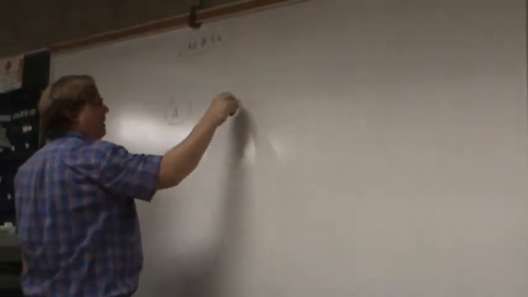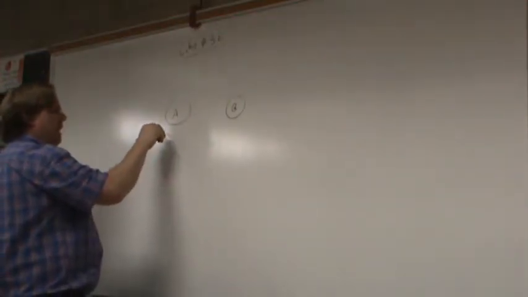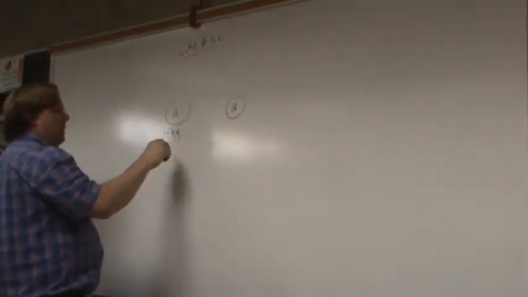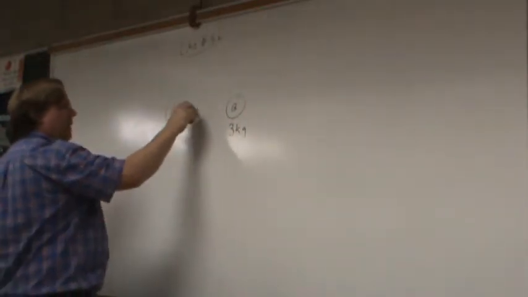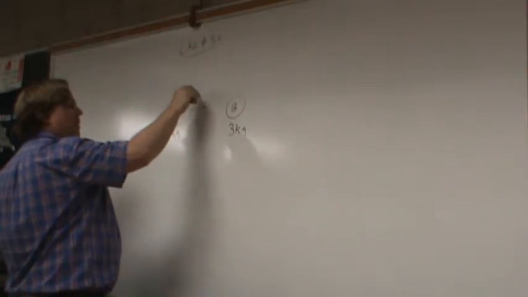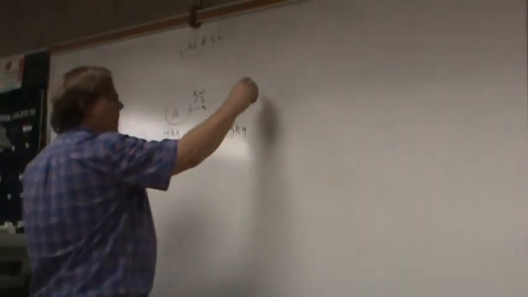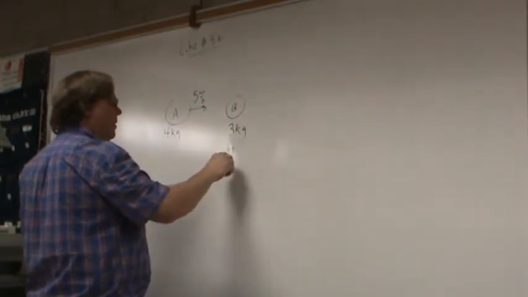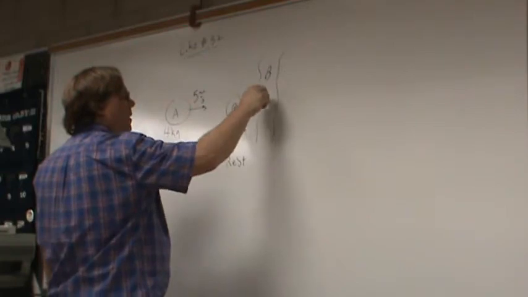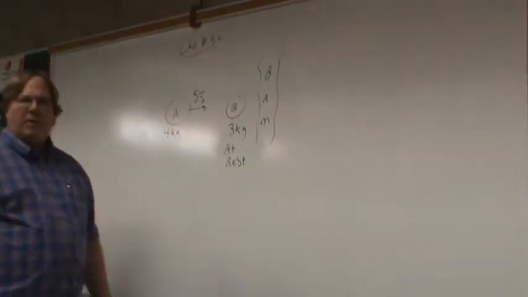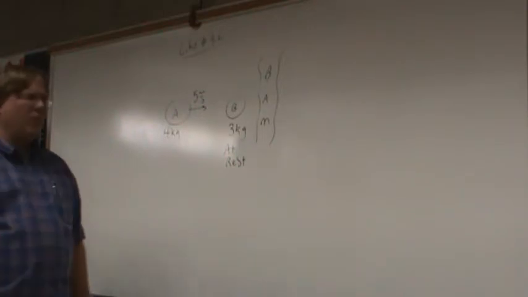I got A, and I got B. Let's say A is 4 kilograms, and B is 3 kilograms. A is going 5 meters per second towards B, and B is at rest. And then, bam, they hit, but it's not a completely inelastic collision like before.